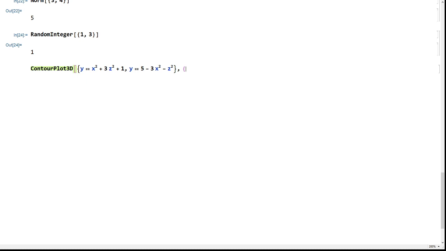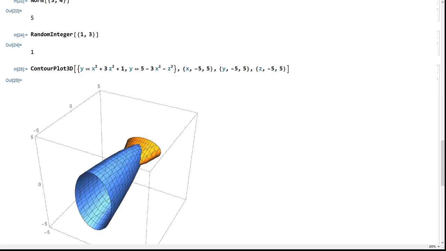All right. Looks like y is going to go as big as 5. So let's do minus 5 to 5 for everything, and then we can adjust from there. Let's go ahead and plot this.